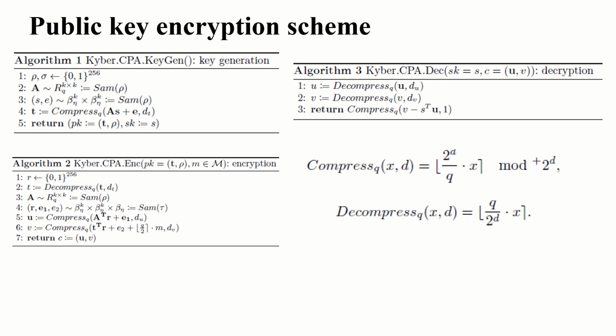Refer to Kyber's algorithm documentation. Its key generation, encryption, and decryption algorithms are shown in the following figure, where the compression function and the decompression function are also shown here. It can be seen that the compression and decompression functions are relatively simple, which made Kyber efficient.